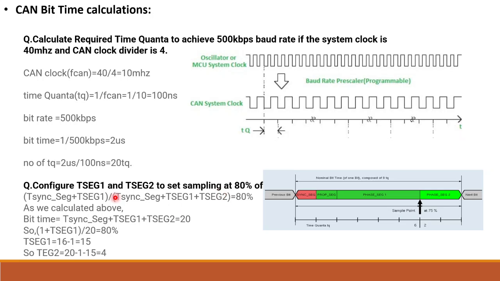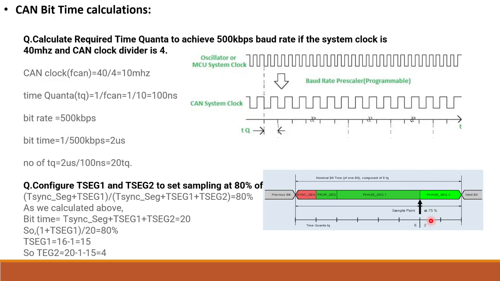If I want to represent 80%, I should mention the sync segment as 1 time quanta, the propagation segment plus phase segment 1 as 15, and lastly T seg 2 as 4. If I configure like this, my sample point will be 80%.